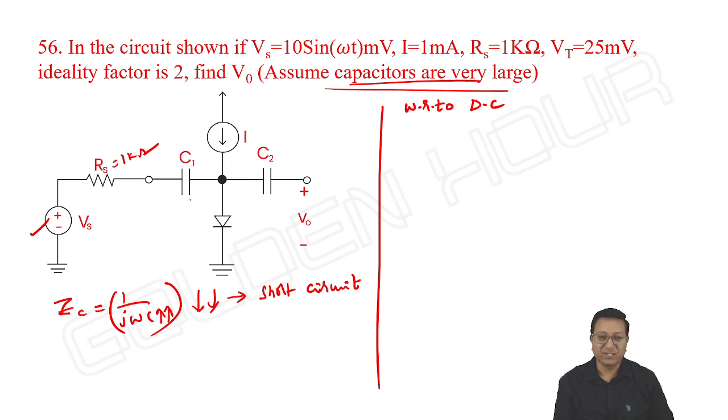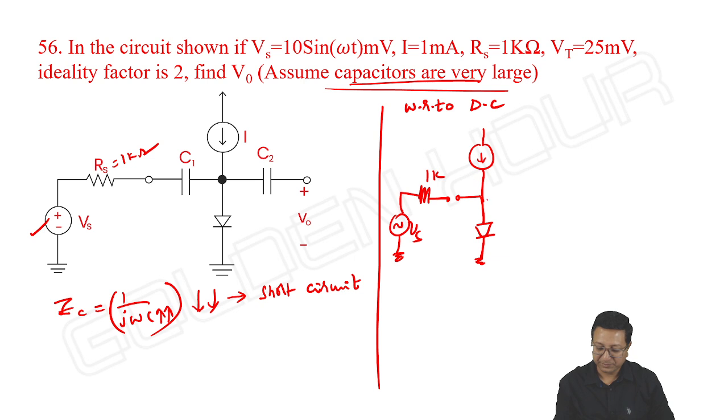all capacitors act as open circuit. So, with respect to DC, it is open circuit, diode, and this is also open circuit. Actually, to be frank, no current flows through this capacitor, it is in air.